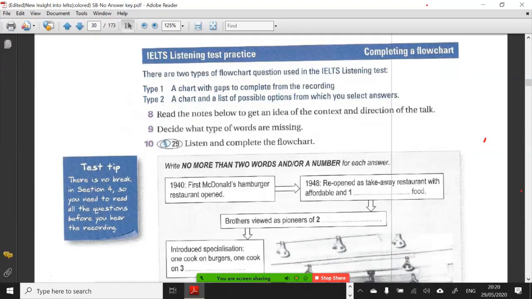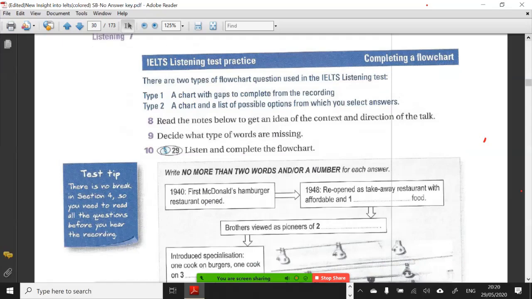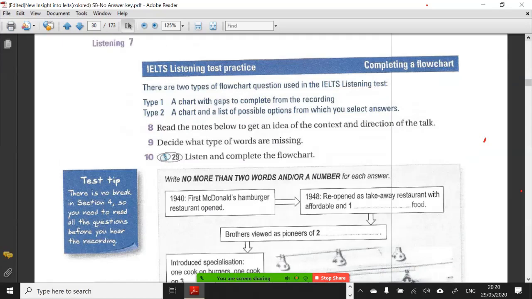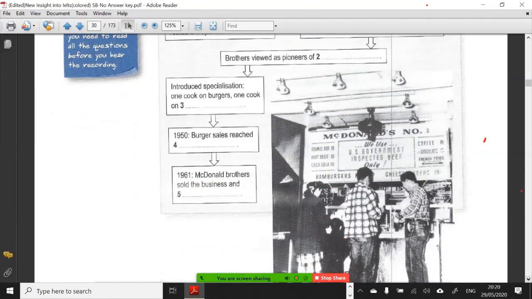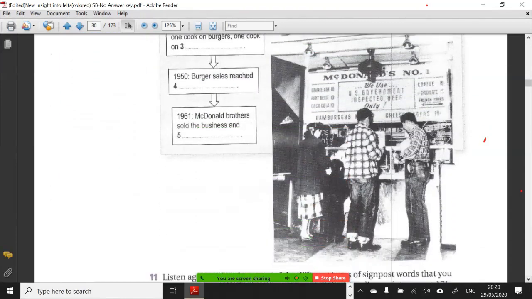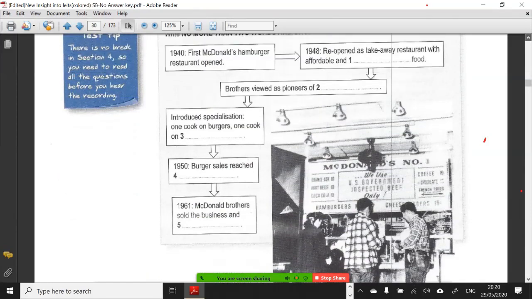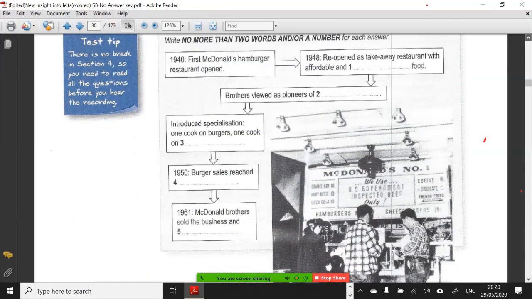Okay, so there is another exercise. It's very interesting. This is completing a flow chart. As you see on the screen, there is a kind of flow chart here, and it will give you some information about McDonald's.